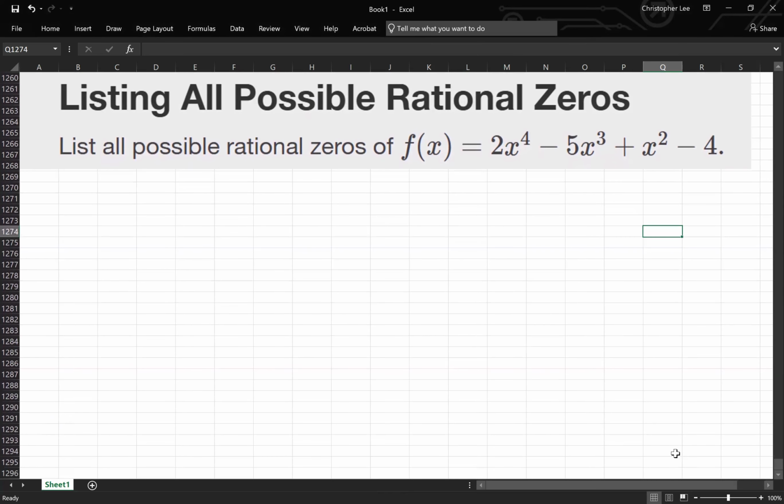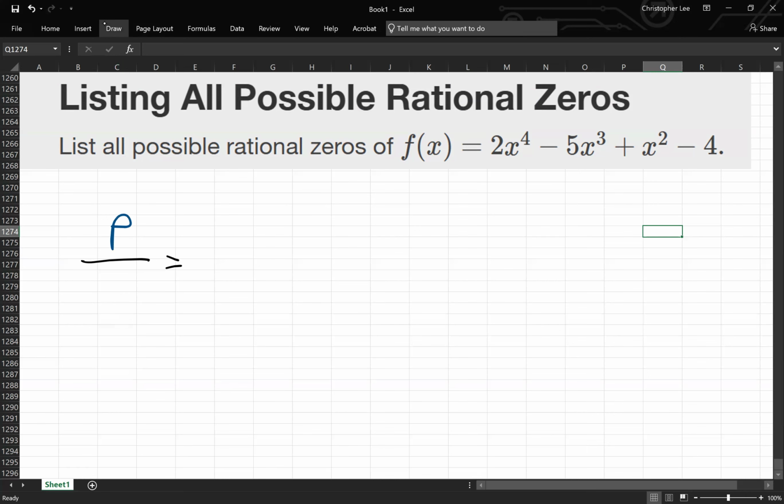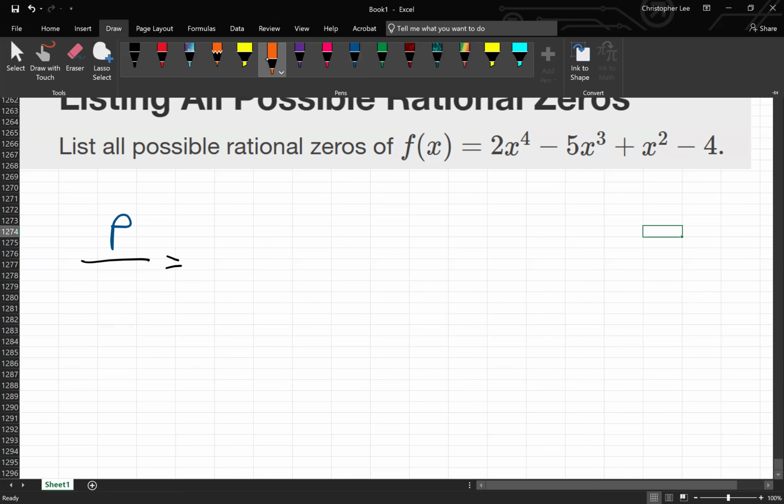So remember, they're all going to be p over q, and p is all of the factors of the constant term. What are the factors of the constant term? Let me use some colors because this might make it a little bit easier. This is p and this is q.